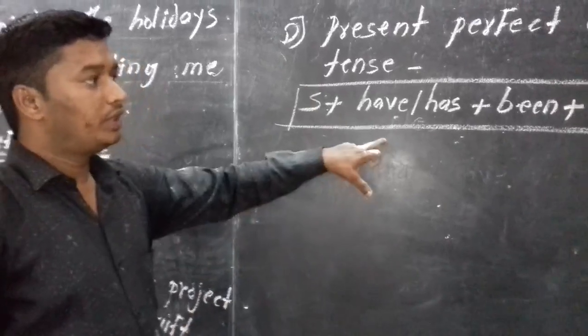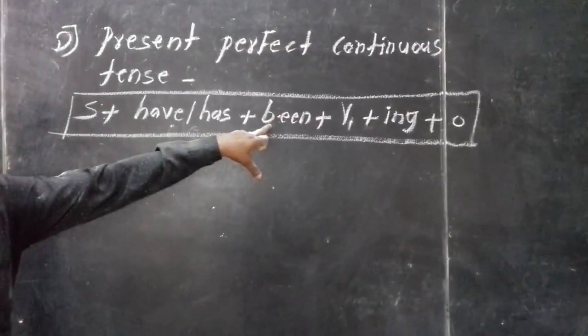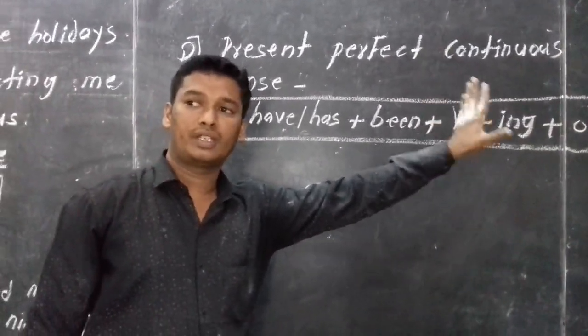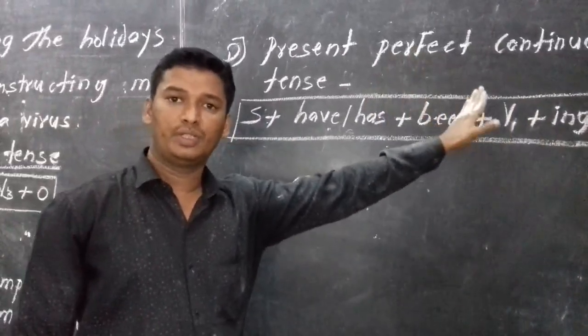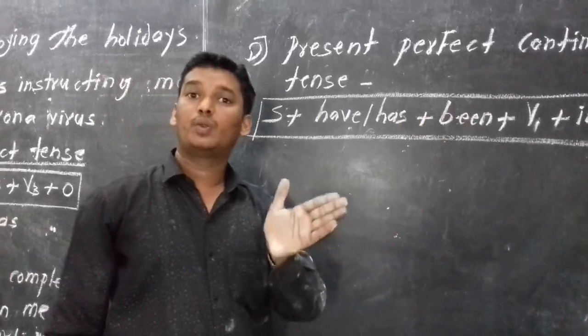If you notice this structure, then "been" denotes the perfect sense and "ing" denotes the continuous sense. So, in perfect continuous tense, half the action is completed and half the action is going on.